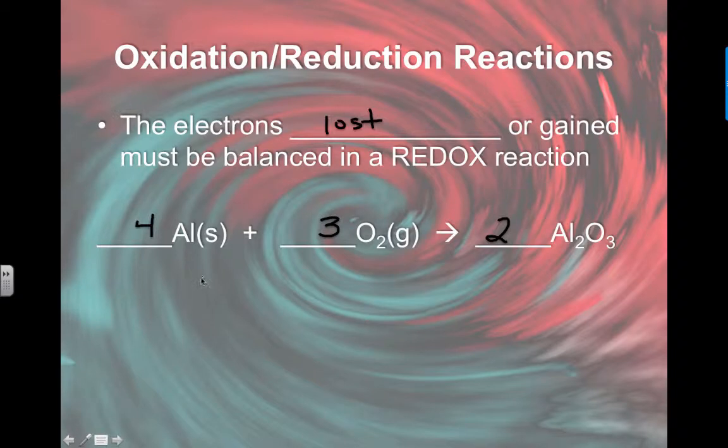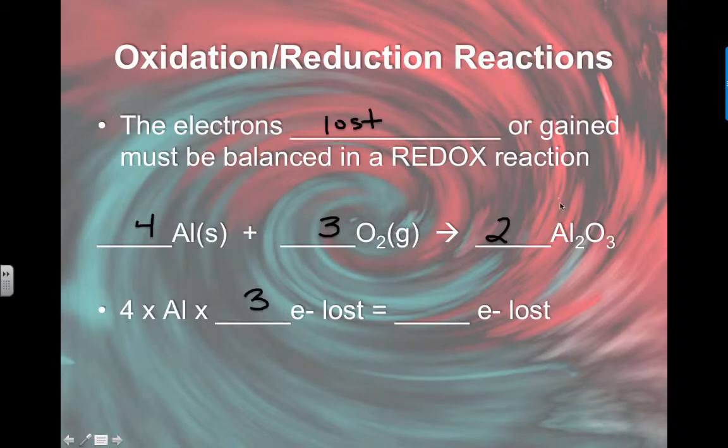But let's see how the electrons work. Each aluminum lost 3 electrons to form a +3 charge in the aluminum. And since there were 4 aluminum atoms, each losing 3 electrons, that makes a total of 12 electrons lost. The oxygen, as it reacted with aluminum, had a 0 charge to start with, but remember, oxygen forms a -2 ion.